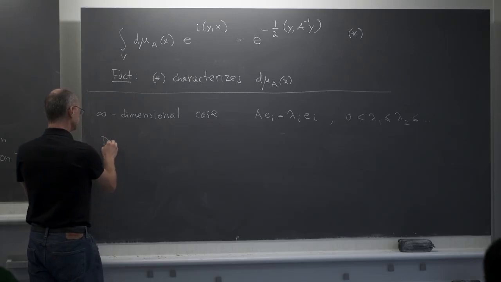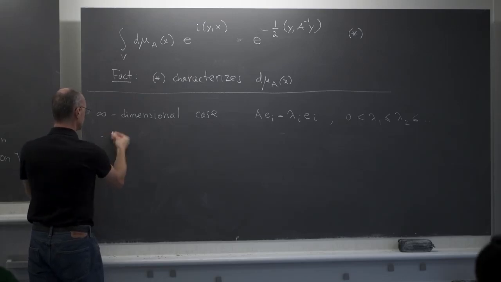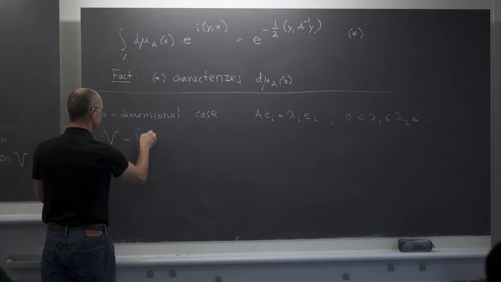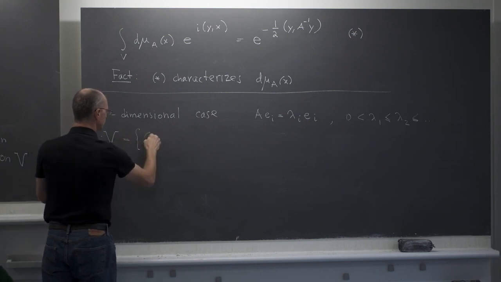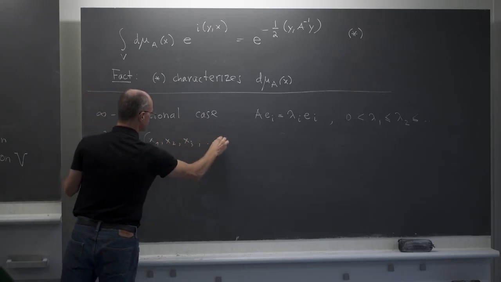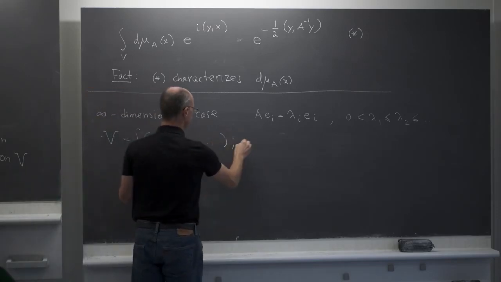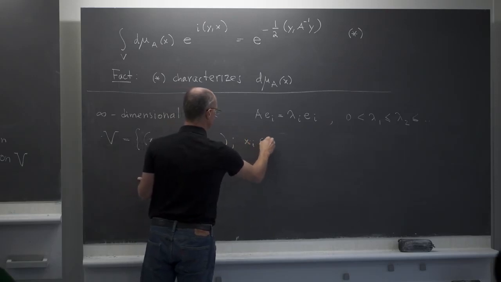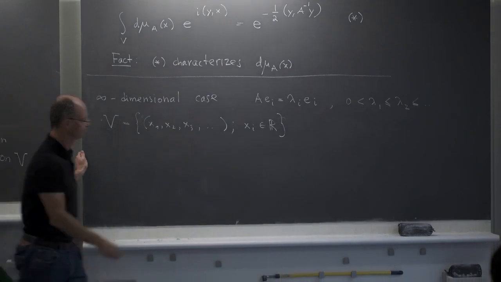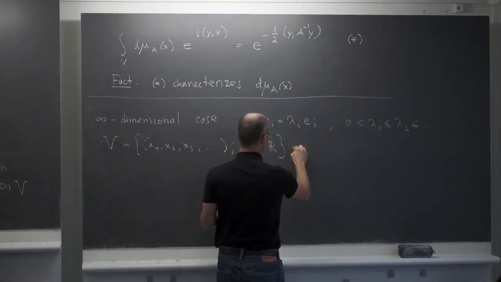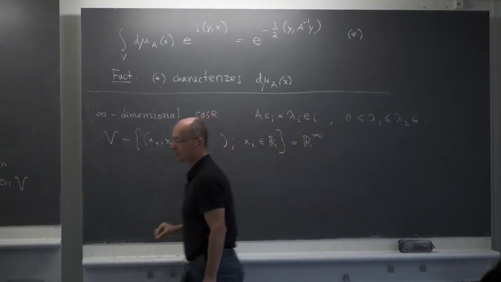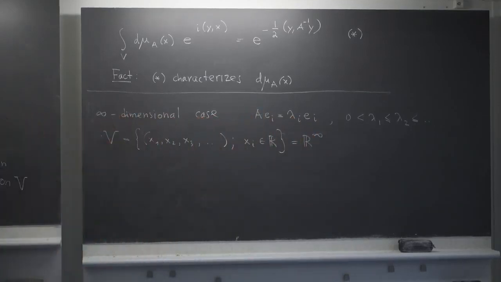And so we now consider V to be the space of infinite sequences in R. We can also call it R^∞ if you want.